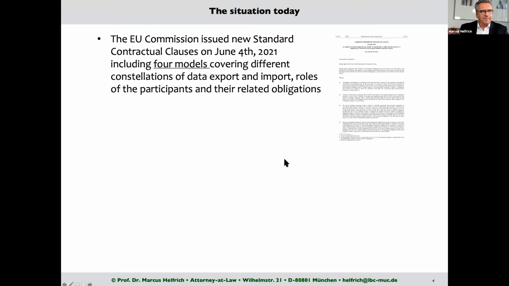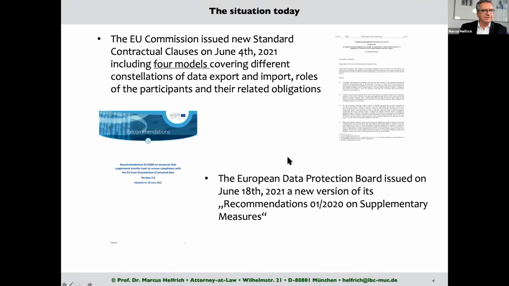Something of higher practical relevance is the paper the European Data Protection Board reissued on the 18th of June this year. They published last year the first edition of their recommendations covering measures we should take whenever we think about transatlantic data flow.